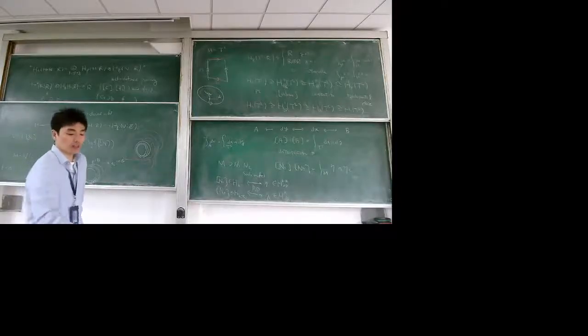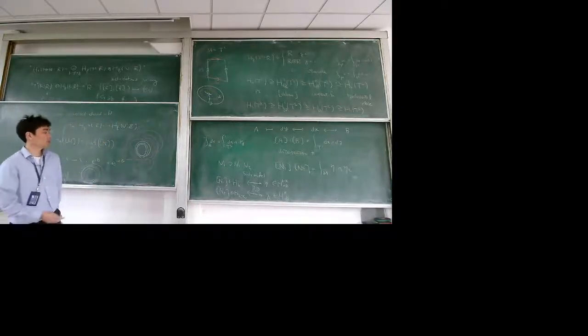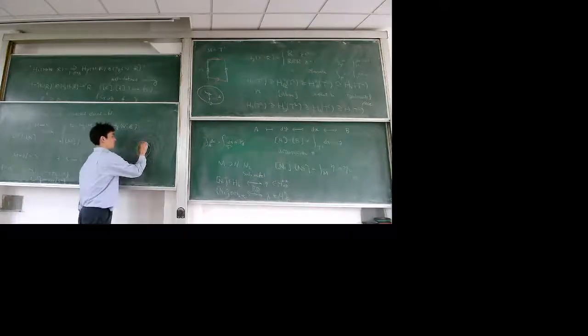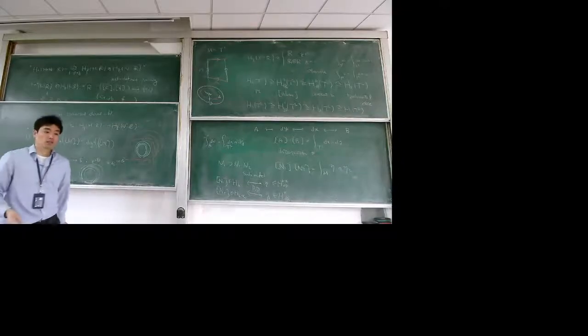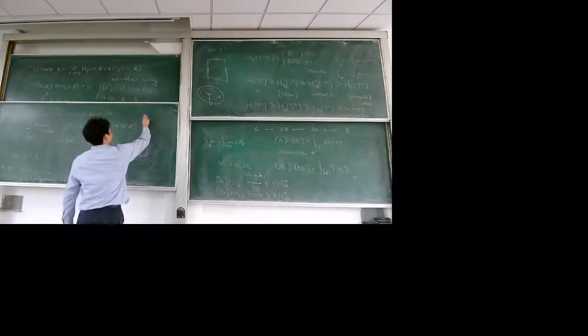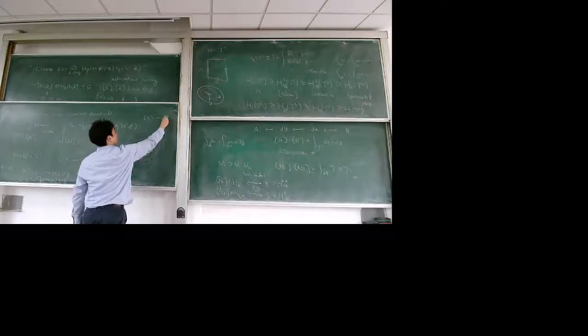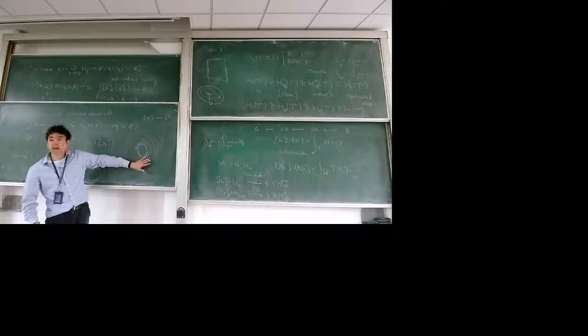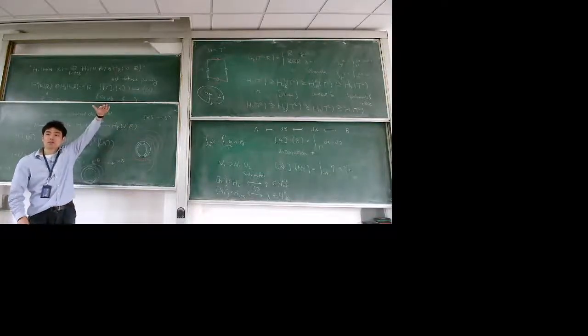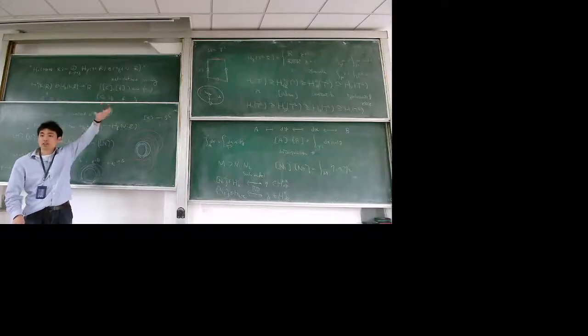You can deform this red map to this blue map continuously. If you consider I cross S1, from the bottom you have the red map, from the top you have the blue map, and you can continuously deform between them. That's the meaning of homotopy. So this is the mapping degree.